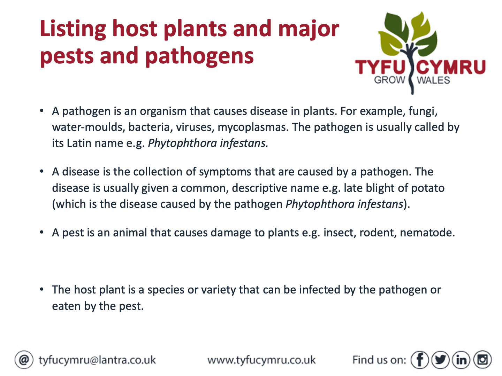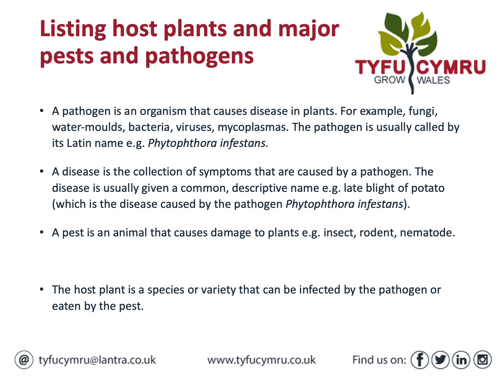So the first thing we need to know, while we're listing the host plants and the major pests and pathogens, is what actually are pathogens and pests. So a pathogen is an organism that causes disease in plants. It could be fungi or water moulds, could be bacteria, viruses or mycoplasmas. And the pathogen is usually called by its Latin name.